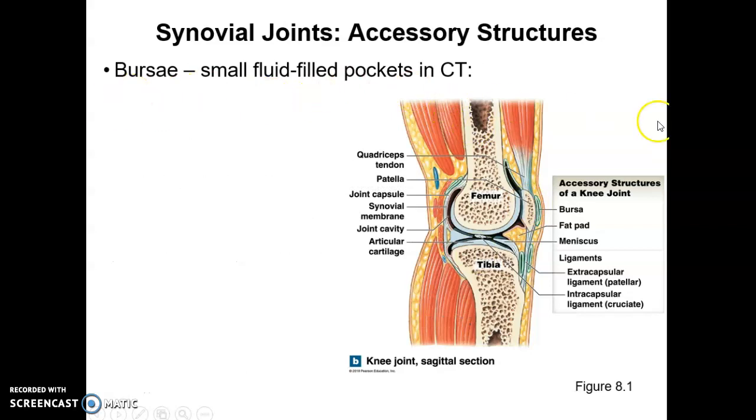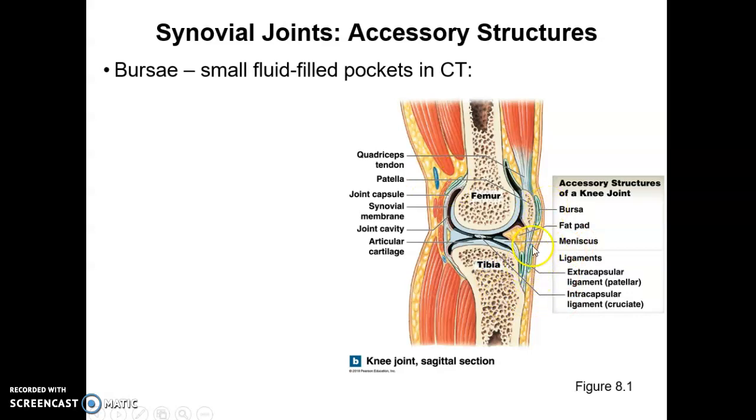So bursae are small liquid-filled pouches, pockets within the joint, and sometimes external to the joint. And, oh, here we go. In green, see the bursae here?